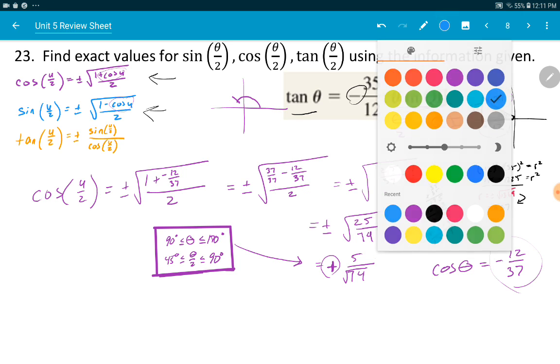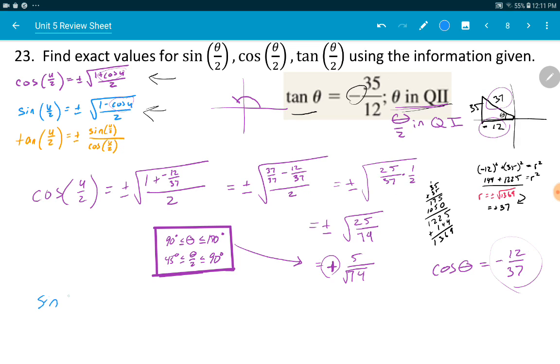Okay, moving on to sine. Sine of u over 2 equals plus or minus the square root of 1 minus cosine of u, all over 2. We've already done a lot of this math. We've already done the fractions. We just have to change that sign.